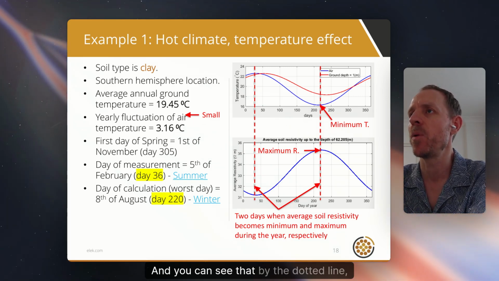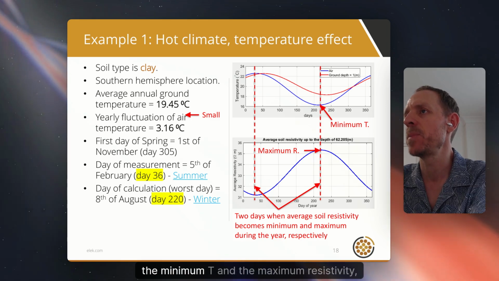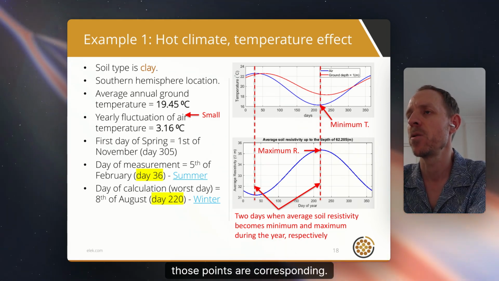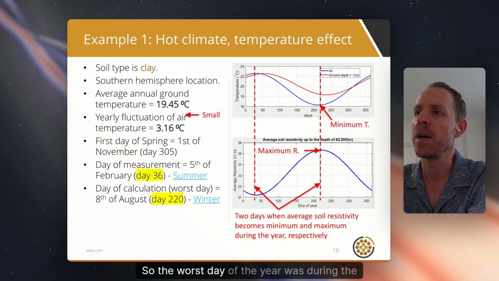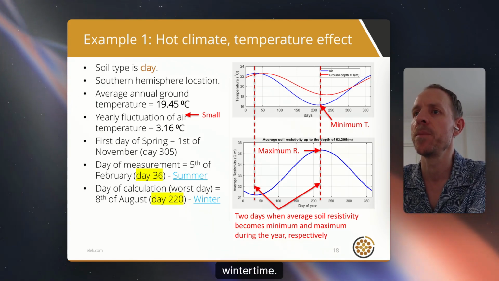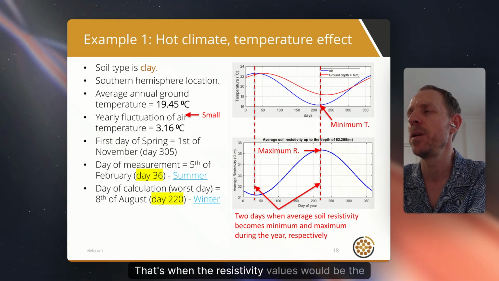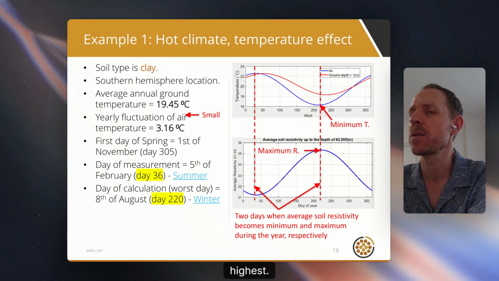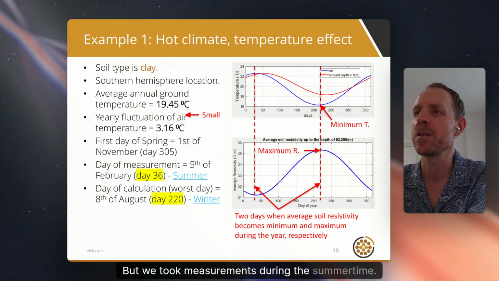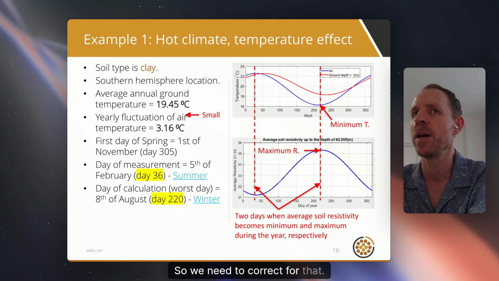You can see that by the dotted line, the minimum temperature and the maximum resistivity. Those points are corresponding. So the worst day of the year was during the winter time. That's when the resistivity values would be the highest. But we took measurements during the summertime, so we need to correct for that.